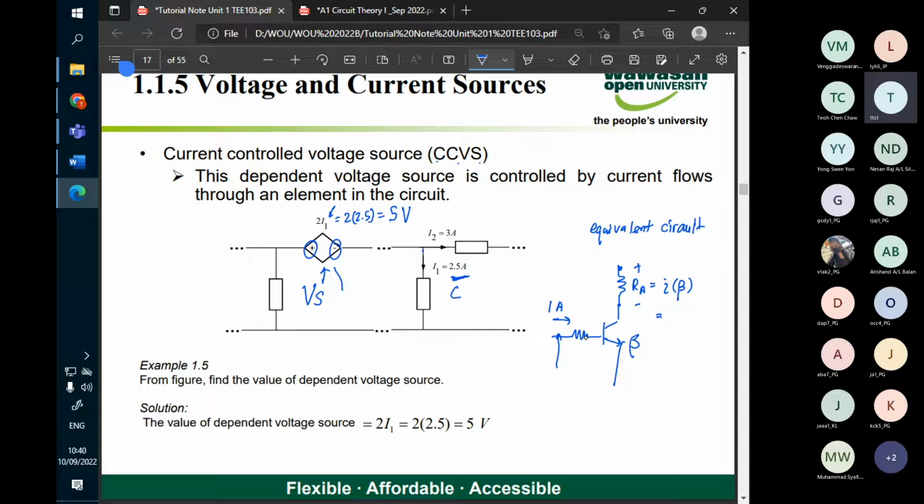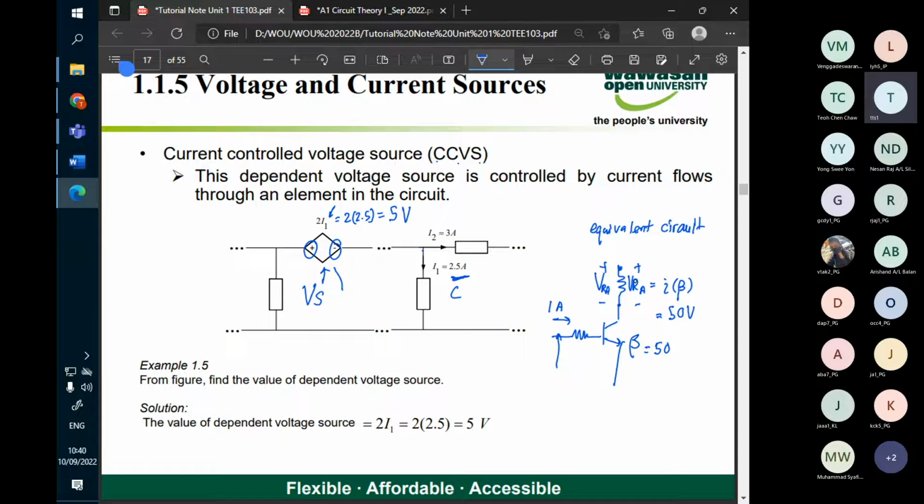The current controls this switch, the switch turns on, and the voltage source here, VRA, takes the current multiplied by this constant number. For example, let's say this constant number is 50, so the voltage here will be 50 volt.